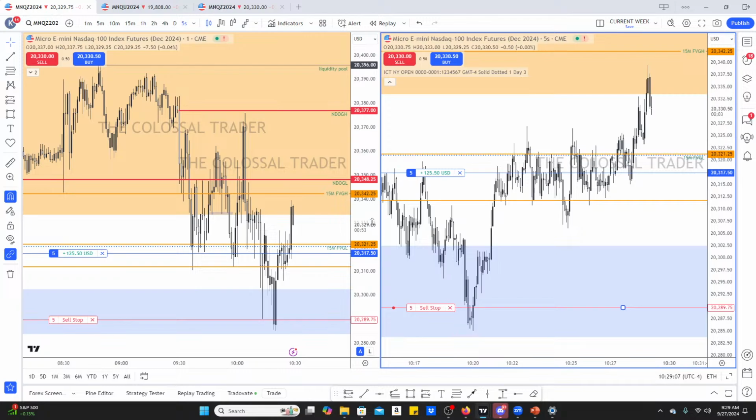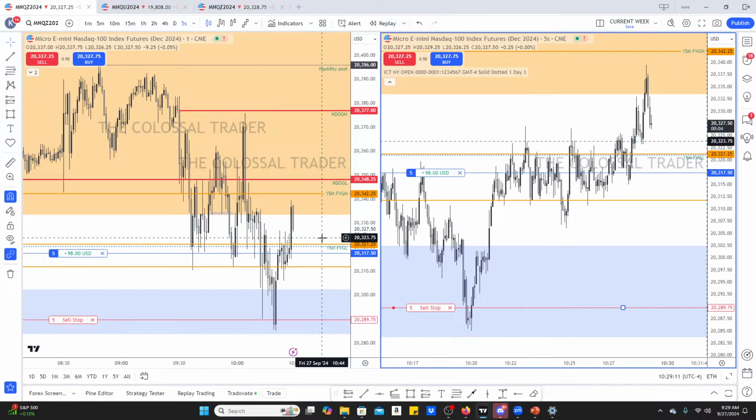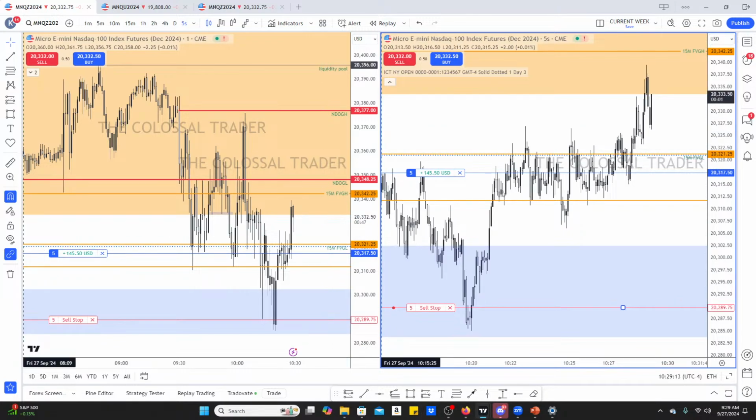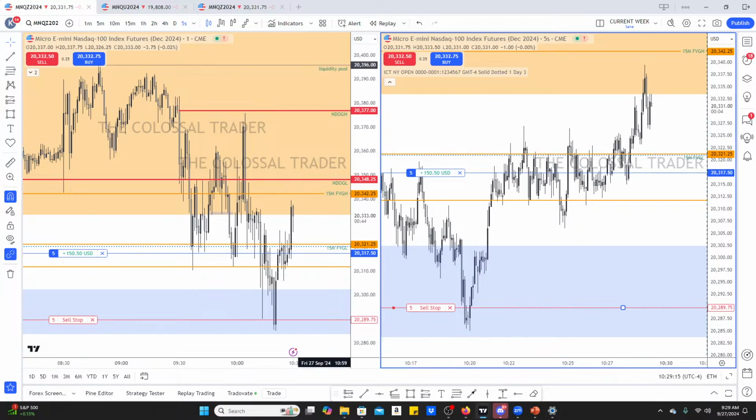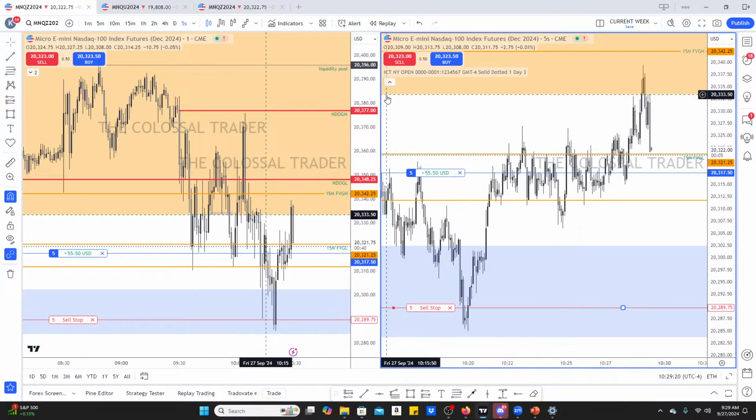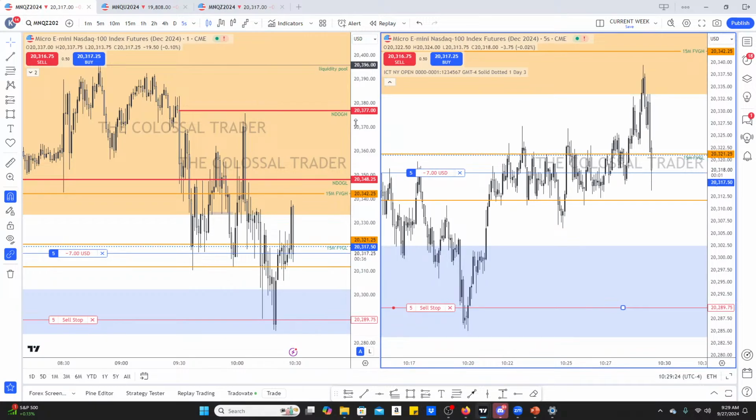I do not want to see this thing close outside of that 50-minute fair value gap low, which is labeled here. I don't want to see that. I want to see a push. It's not good if it does that. Oh, it's not good.